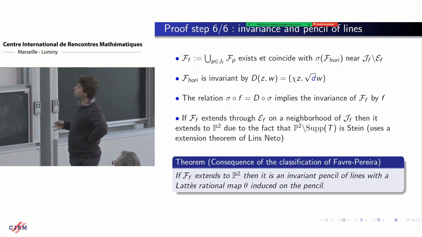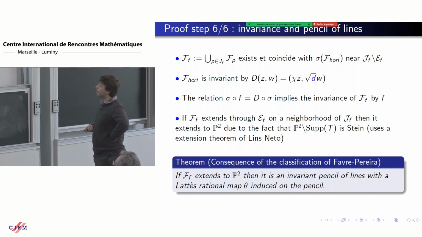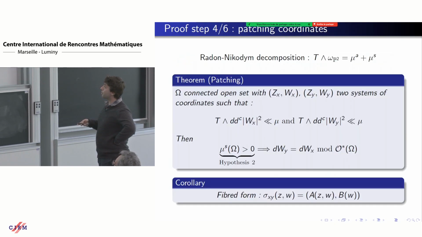You need to show that it is invariant, but it is not difficult since F is semi-conjugated by a linear map that, of course, leaves invariant the horizontal foliation, like I have explained to you at the beginning. So that's how you can prove the first part of the theorem.